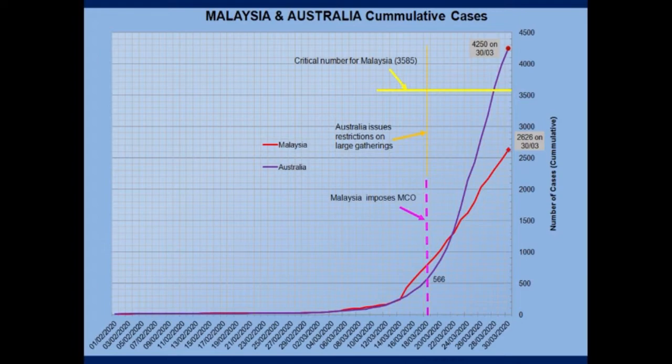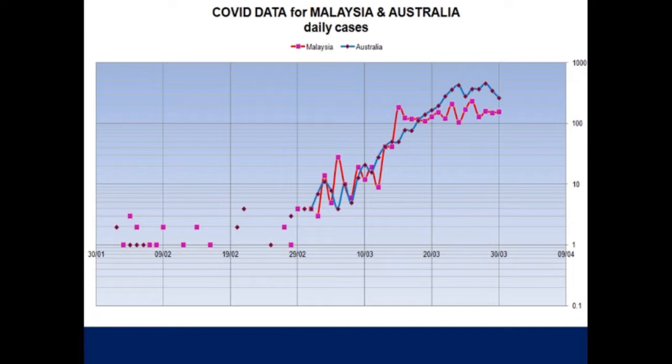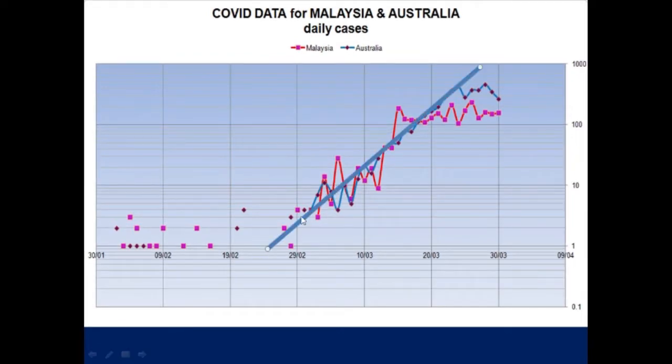I've also plotted, just out of interest, Malaysia and Australia daily cases on a logarithmic chart. The red curve is the Malaysian curve. What's interesting is that if I put in a straight line on this logarithmic chart, and look at a 10 day period, for example, from 29th of February to 10th of March, the cases actually increased 10 times. And from 10th of March to 20th of March, it's another 10 times increment.